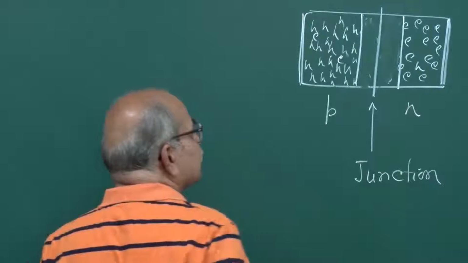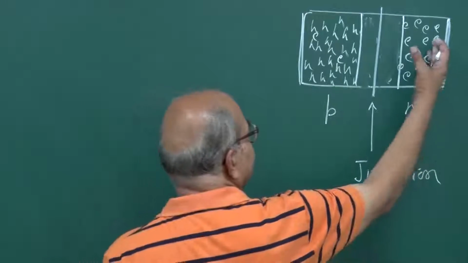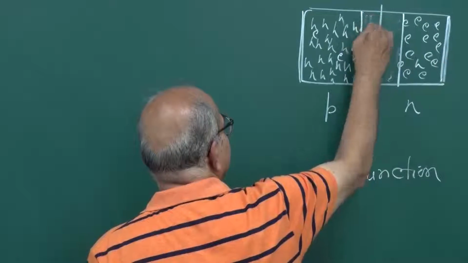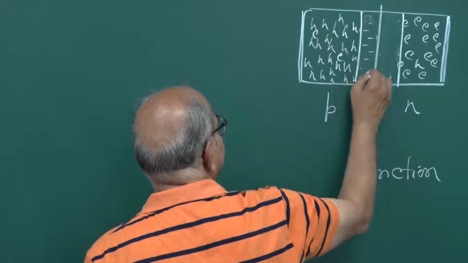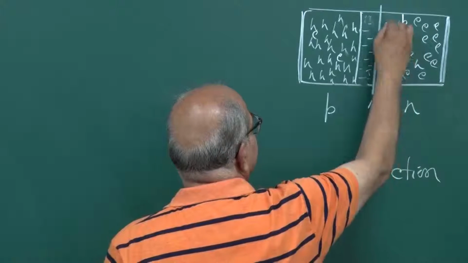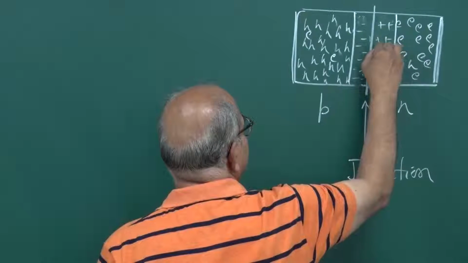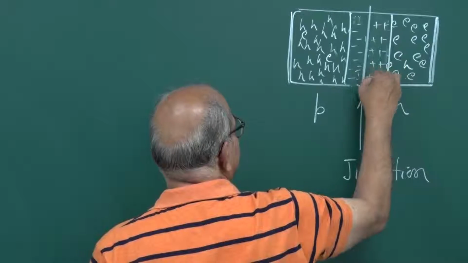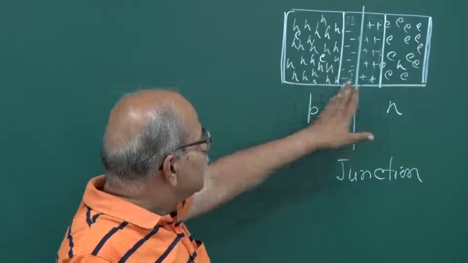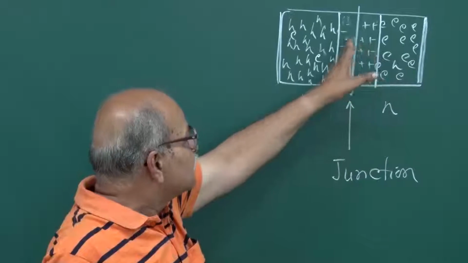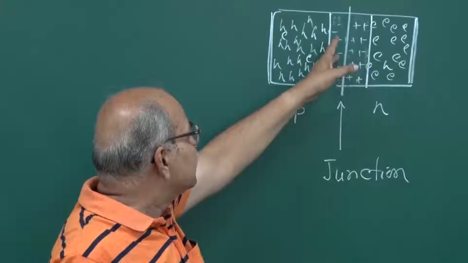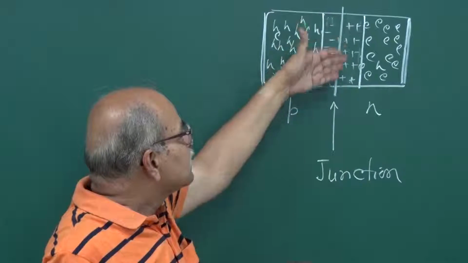But then the charge density is there. Since these electrons are going to this side, and everything was neutral, you get negative charges here, and then these holes which are going to this side create this positive charge here, right? So initially everything was neutral, and then you bring some electrons from this side, you shift some holes from this side, and both of them create negative charge here and positive charge here.